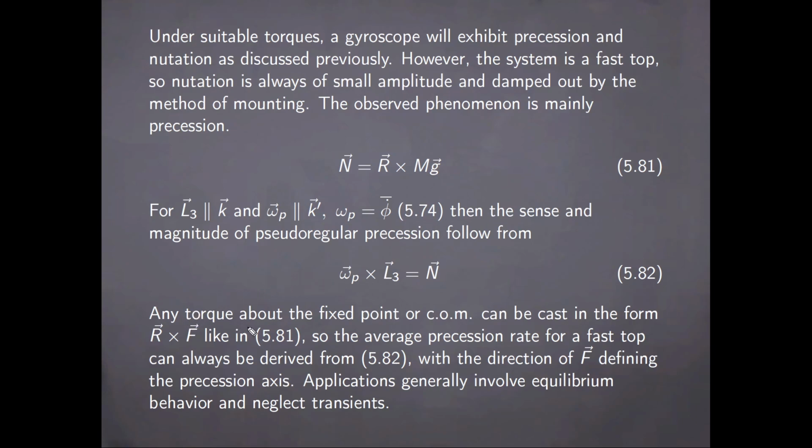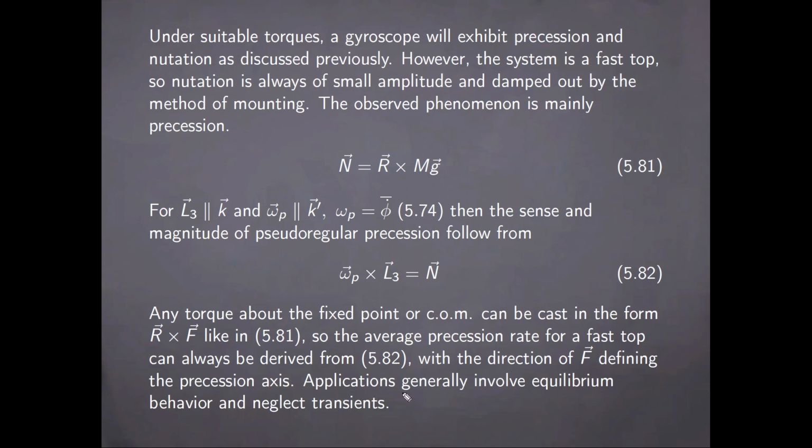So any torque about the fixed point or the center of mass can be cast in the form of a cross product between the radius vector of the center of mass and the force, as in the case of equation 5.81. So the average precession rate for a fast top can always be derived from equation 5.82, with the direction of F defining the precession axis.